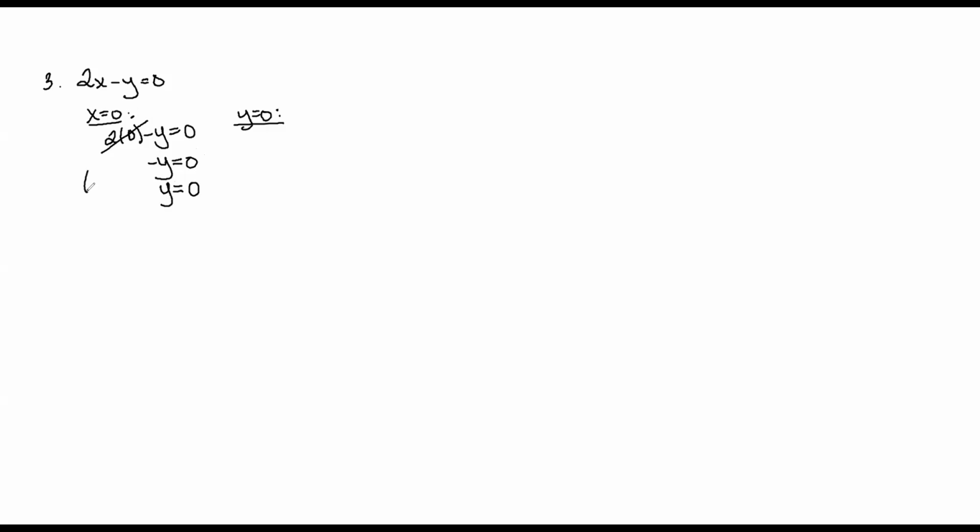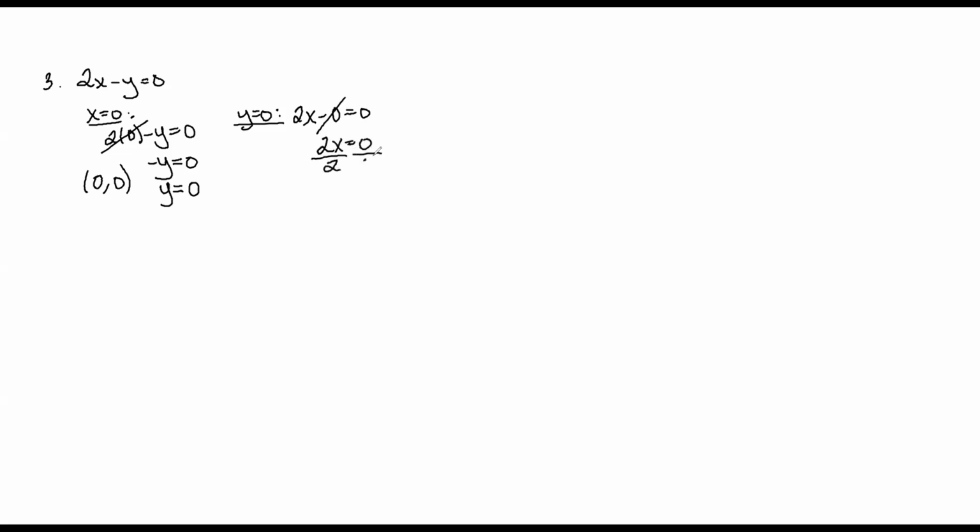So our first intercept here is the point 0, 0, which is the origin. Let's do the same thing with the y. We have 2x minus 0 equals 0. Subtracting 0 is not going to change this, so we have 2x equals 0.